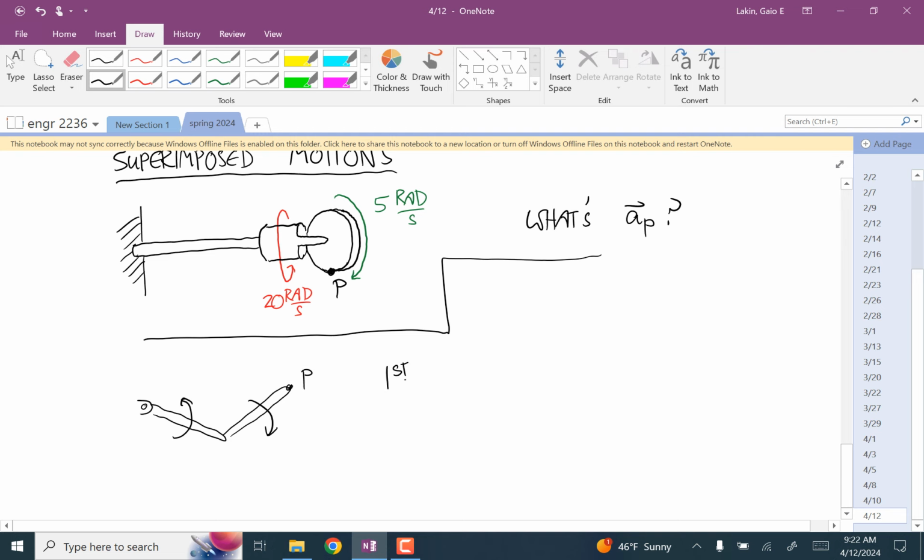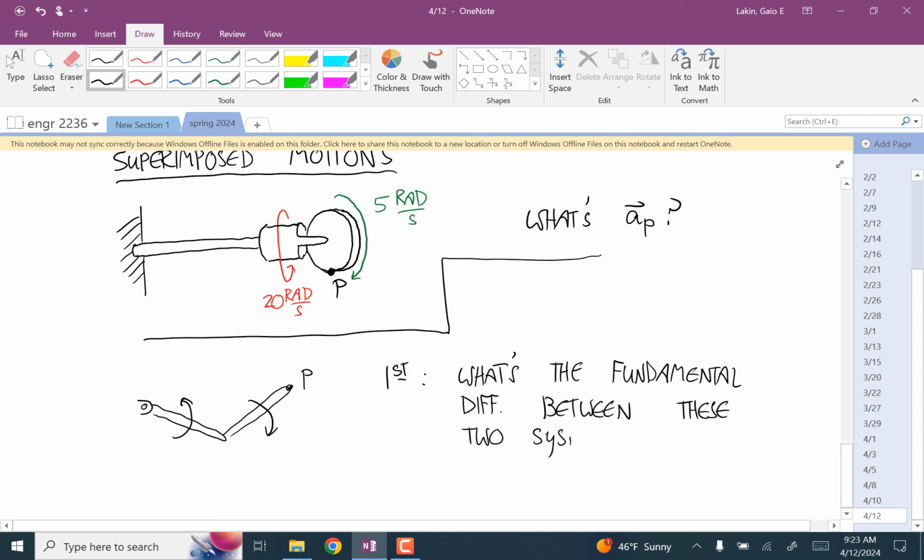So first of all, what's the fundamental difference between these two systems?